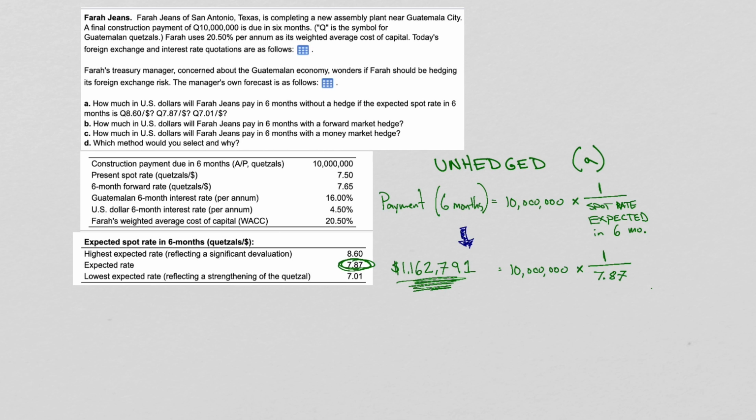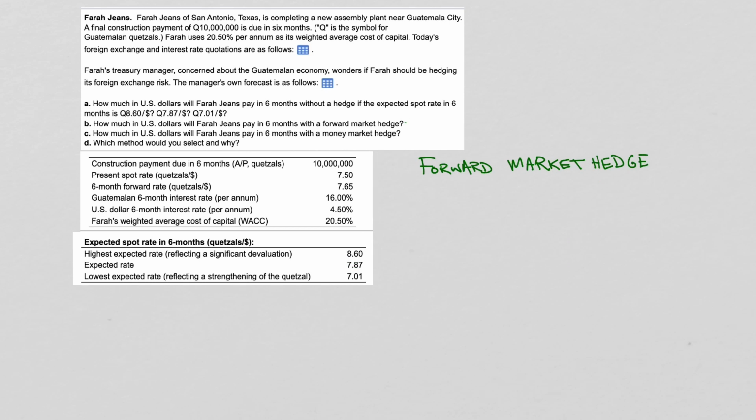So B and C here are where we're actually going to do some exchange rate hedging to eliminate that uncertainty. So part B asks us to calculate how we would go about getting rid of this exchange rate risk using a forward market hedge. And so for a forward market hedge, you still have to pay the 10 million quetzals 6 months from now to finish the factory.